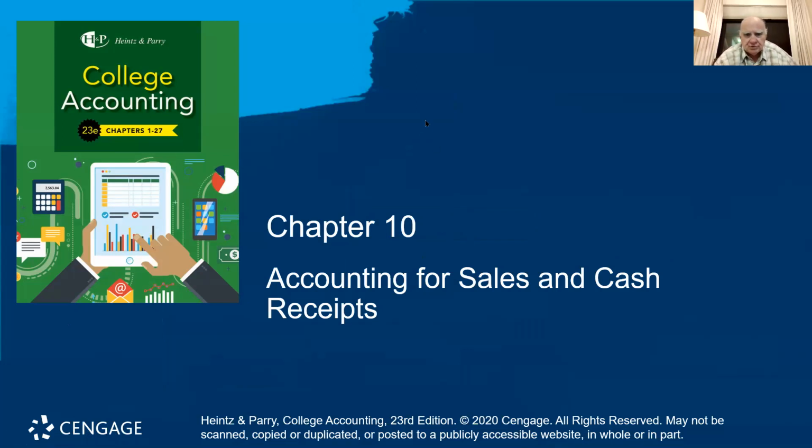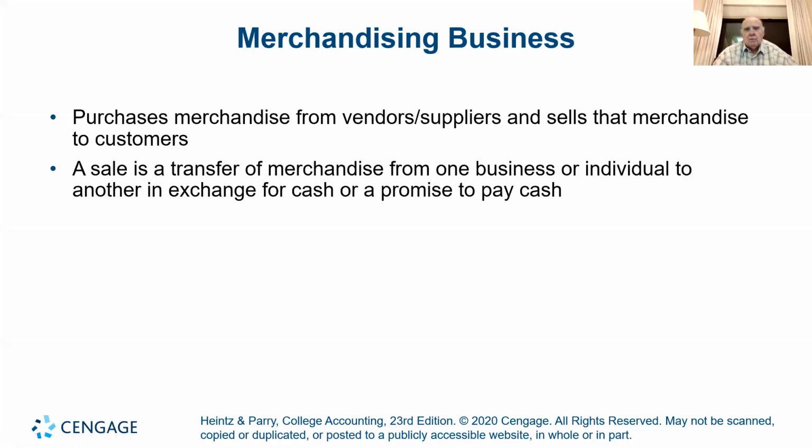Okay, accounting for cash, for sales and cash receipts. In this chapter and the following chapter, we're going to be a merchandise outfit. We're a store. We're like Nordstrom's. We're like Target. We buy goods for one price, and we sell it for more money, and thus earn what's called a gross profit.